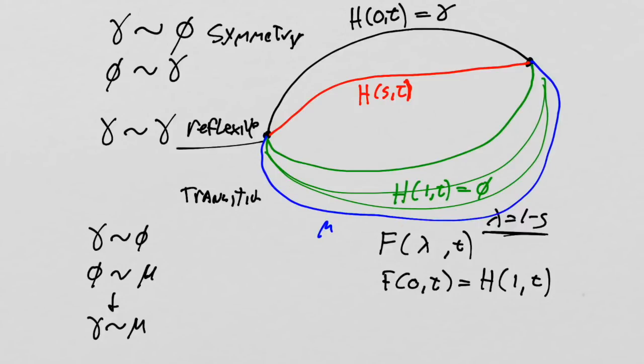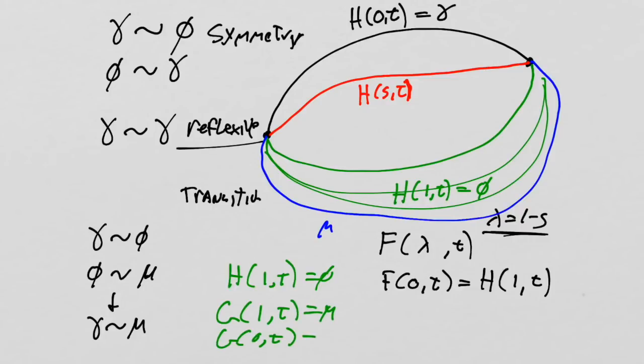And what I have to do is reparameterize s, because now I have h of 1 of t equals phi, so I need to find a new homotopy. I'll call it G, where G1 of t equals mu and G0 of t equals gamma, right?